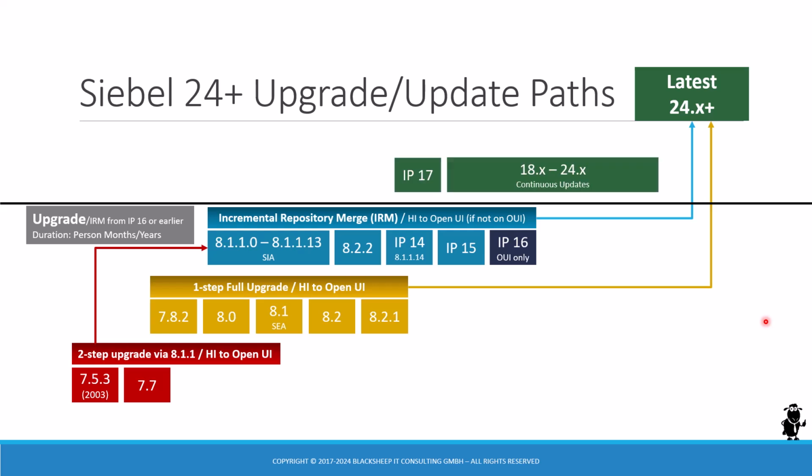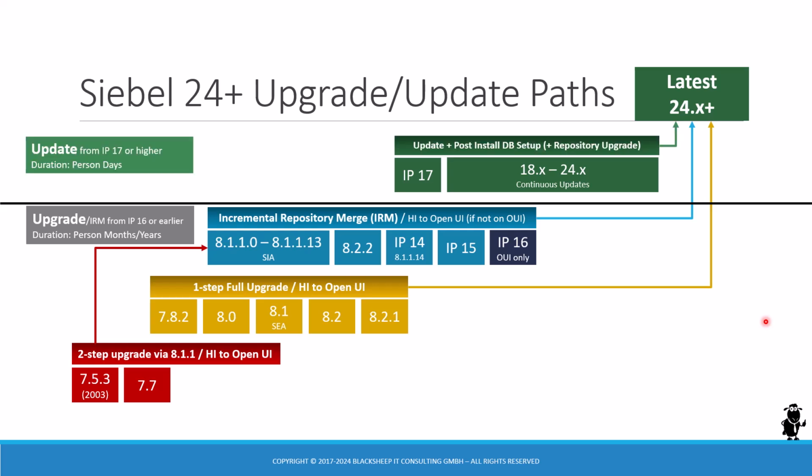So let's consider you have upgraded to Siebel 23 and you want to get to Siebel 24, or any release between IP17 really and today. Then you would have to do an update. The update means that you apply a binary update, you run the post-install database setup, which is mandatory, and you optionally run the repository upgrade.